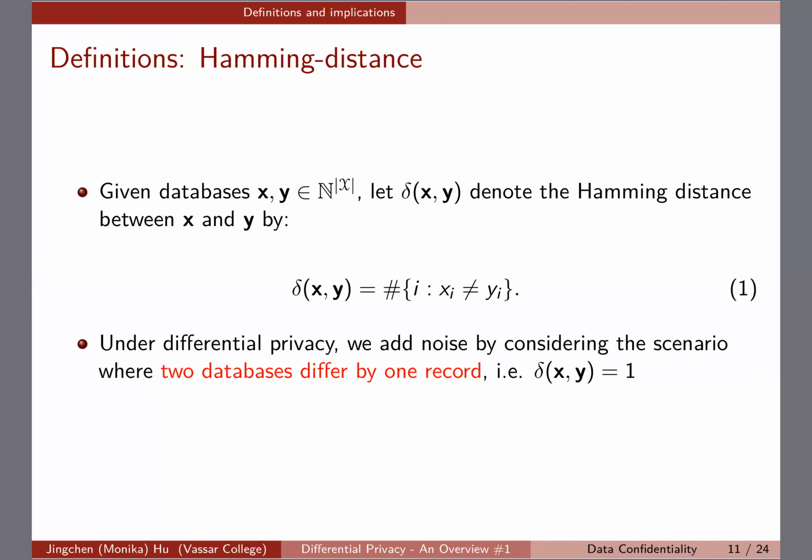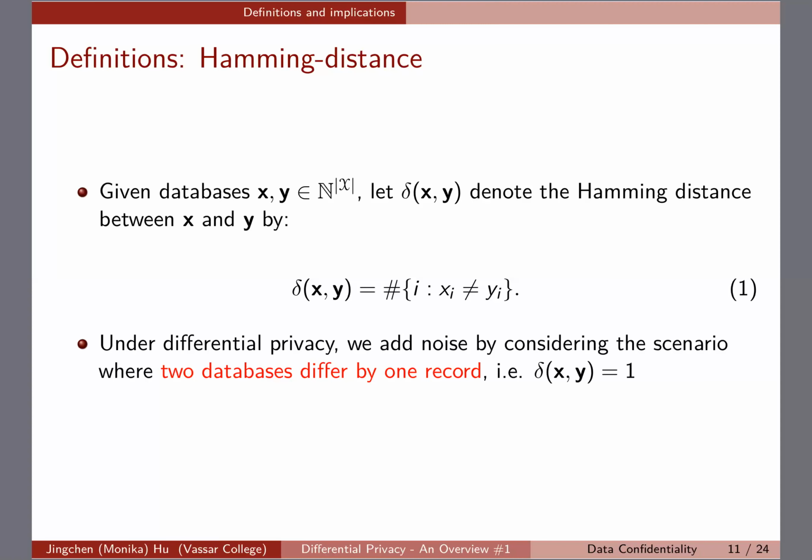It could be that that one record has a different income, but it could also be that it has a different expenditure, or the entire combination is different. As long as something is different, then the two records are not the same, and Hamming distance is counting how many there are. Differential privacy is under the scenario that the Hamming distance is 1, that the two databases differ by one record.